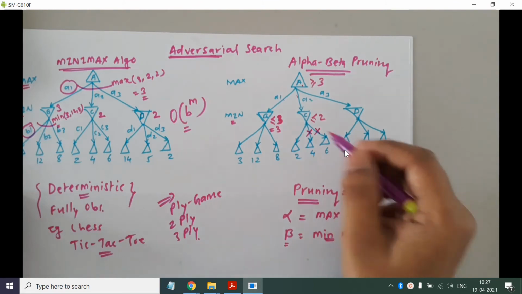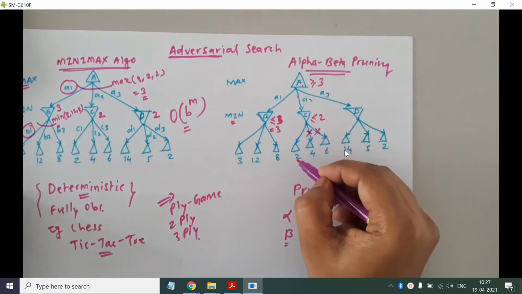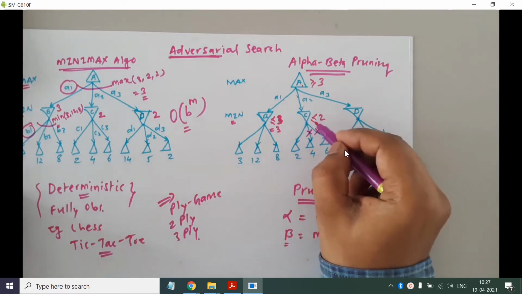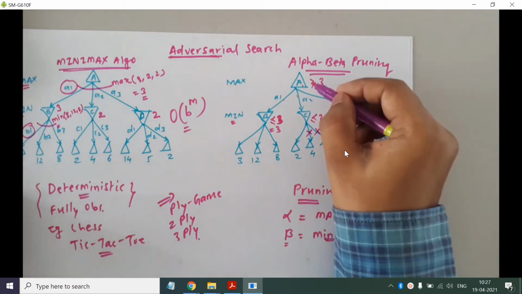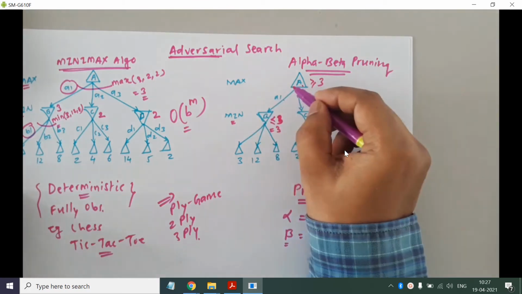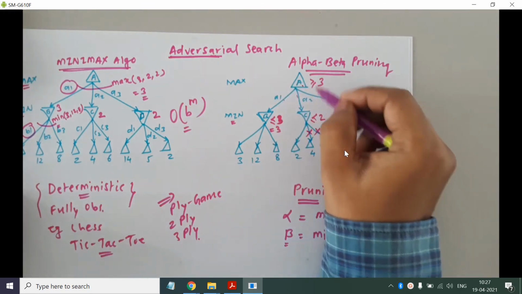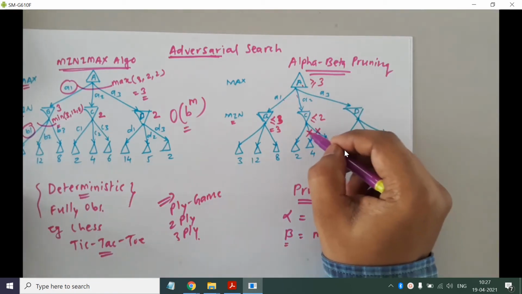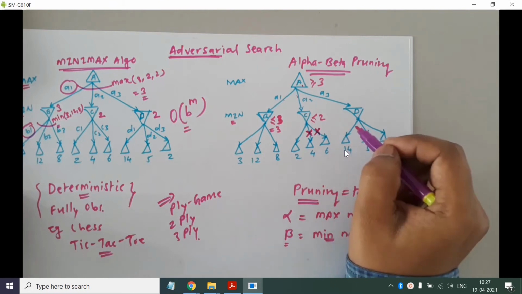Getting my point? I repeat: at this level min is trying to get a lesser value than this, but at the higher level max is expecting a value greater than 3. So this is a contradiction, right? So we can ignore these 2 nodes altogether.